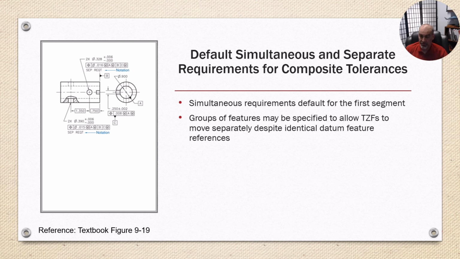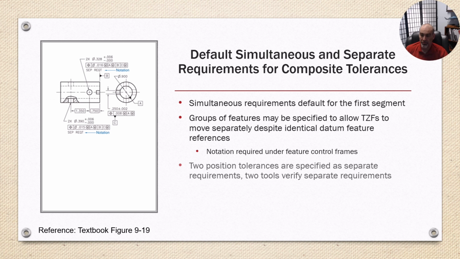So that allows those two holes to deviate from each other. And so a notation is required under the feature control frames for that to apply. And the two position tolerances are specified as separate requirements, and two functional tools are used to verify the requirements.